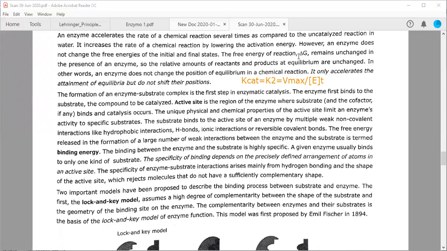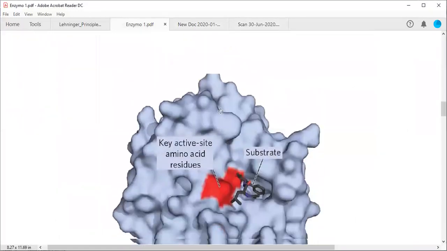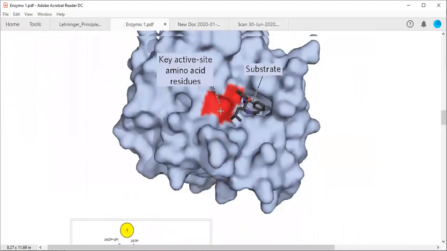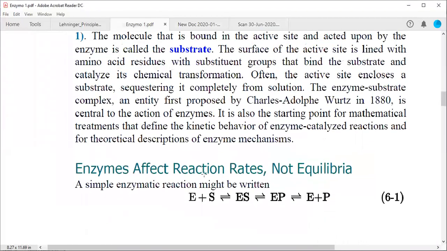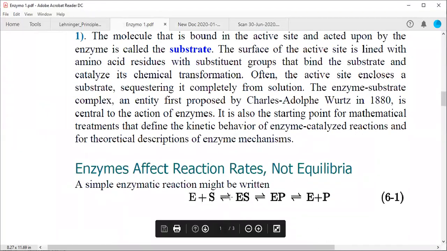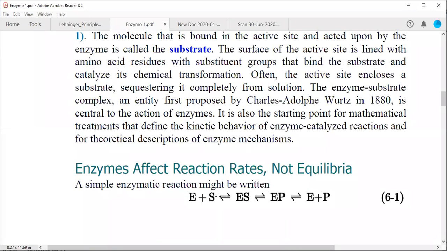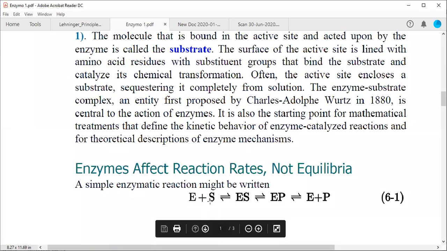So we had discussed one equation. Sorry, actually I need to remove this, otherwise I cannot move to the other area. So if you remember this particular equation, this equation is showing this is K1 when the enzyme and substrate are getting converted into the enzyme substrate complex ES, and this is K minus 1 when it is getting converted back.